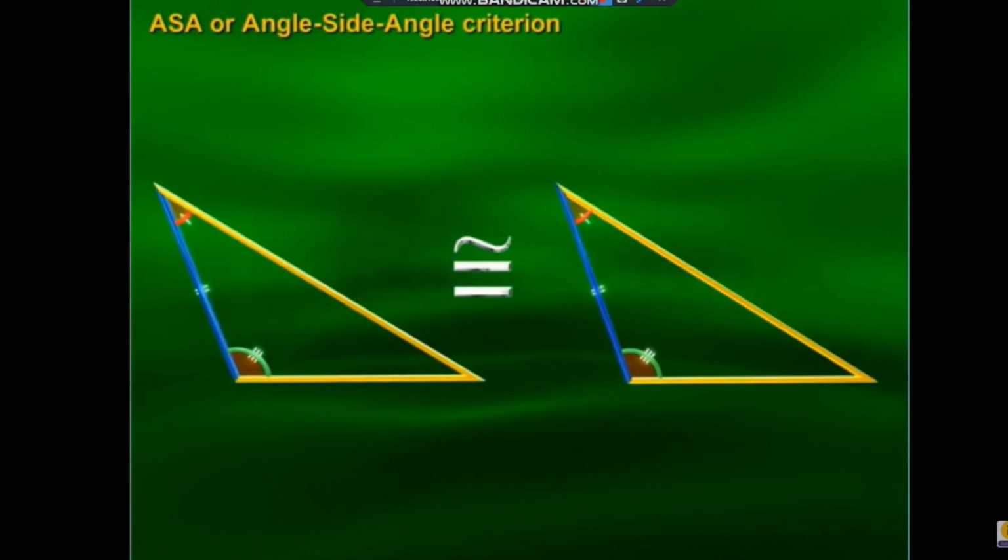ASA, or angle-side-angle criterion. If 2 angles and the included side of one triangle are equal to 2 corresponding angles and the included side of another triangle, then the triangles are congruent.